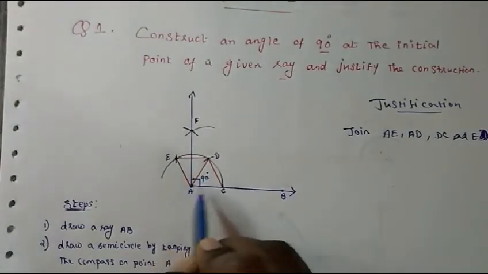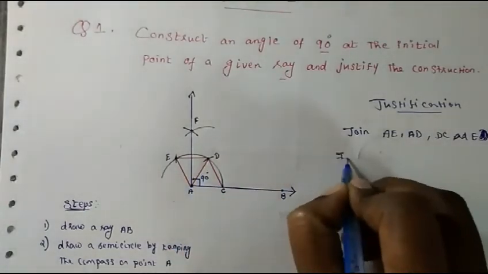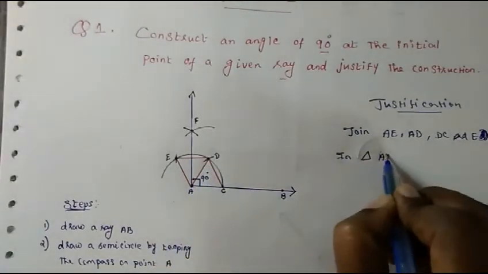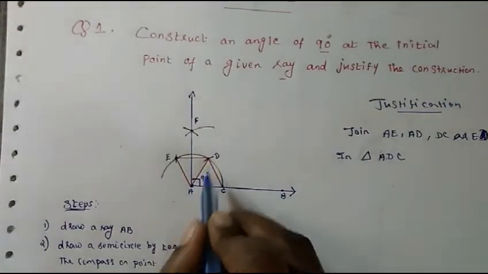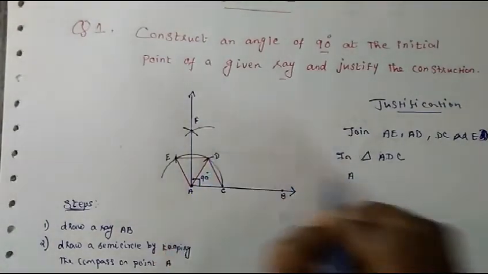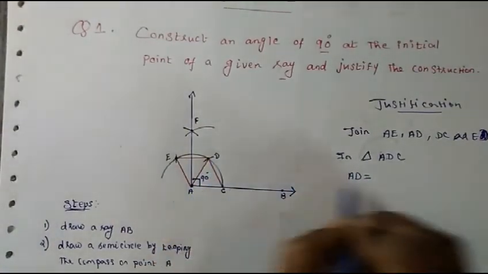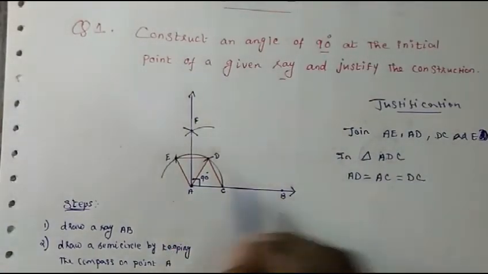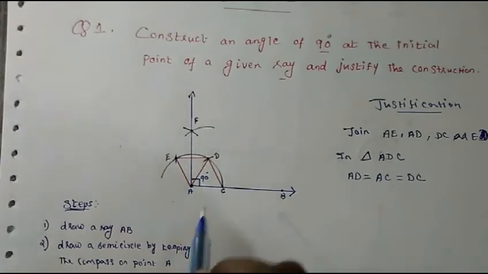Now you see this triangle ADC. You can see that AD is equal to AC and AC is equal to DC. All these sides are equal. Why?